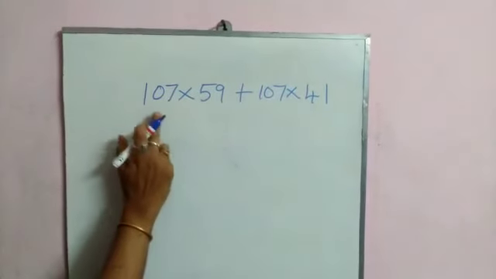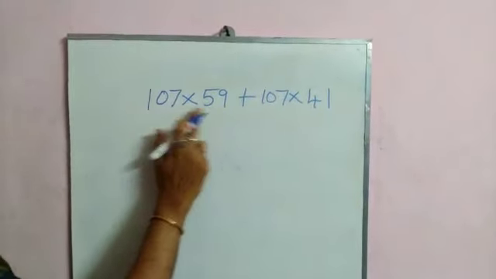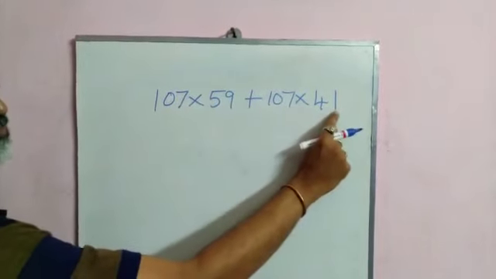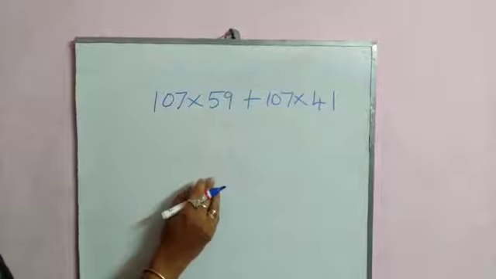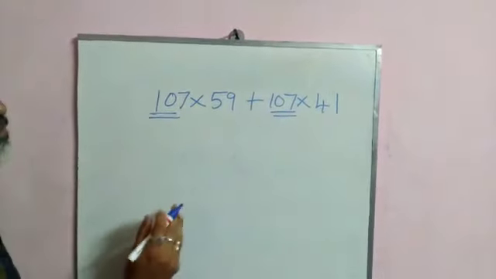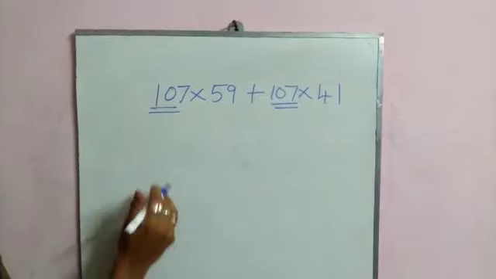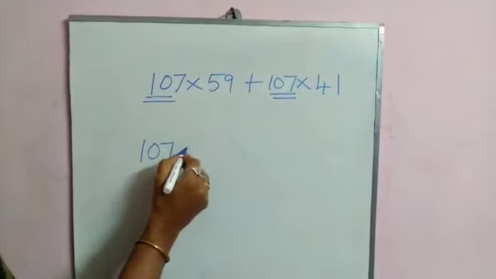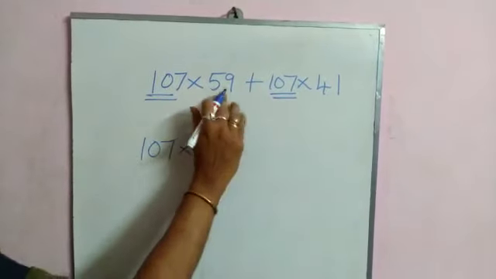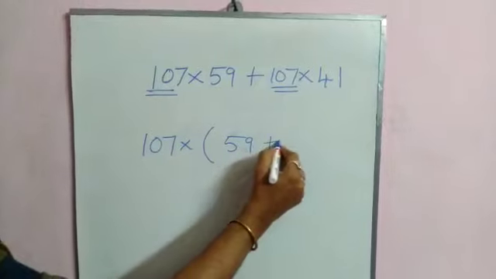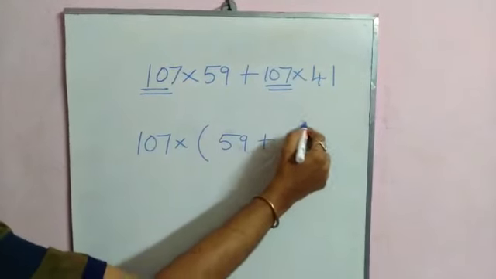If I multiply 107 into 59, it will take a lot of time. Similarly, 107 into 41 takes a lot of time. But you see, there is a common number in both. That is 107. So you take 107 into 59, the first number, plus 41, the second number.